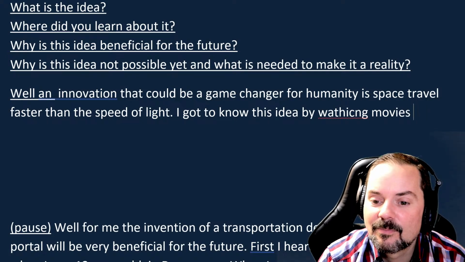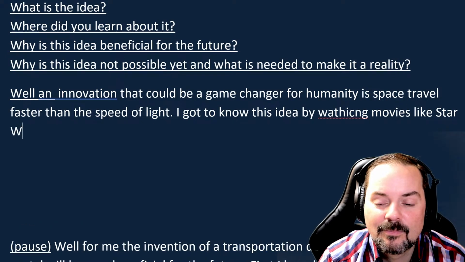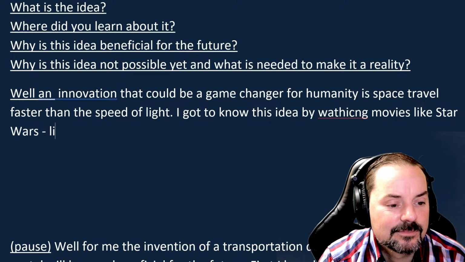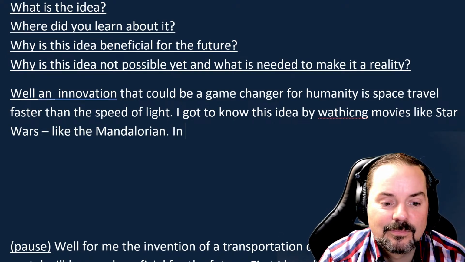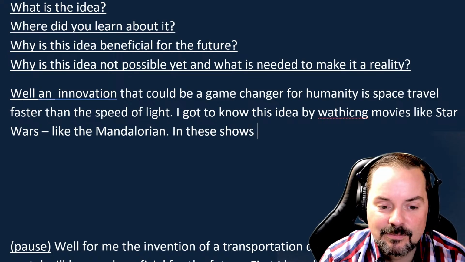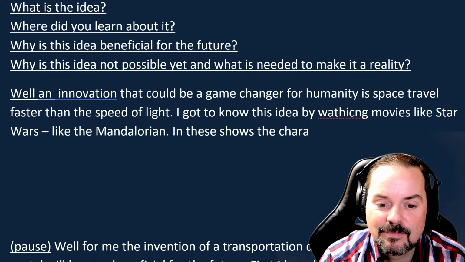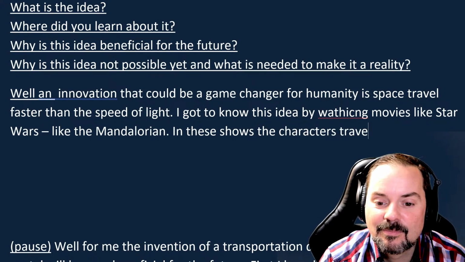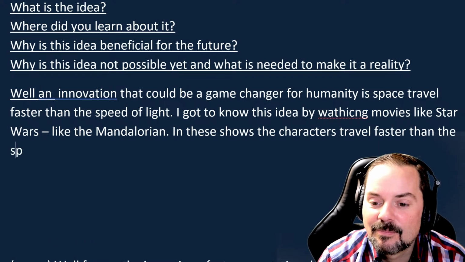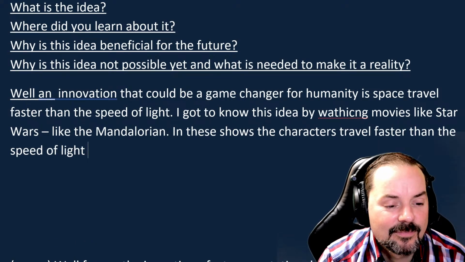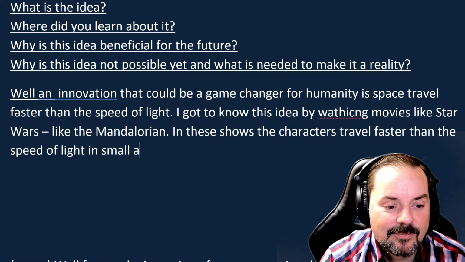On these shows, the characters travel faster than the speed of light in small spaceships, but also in really big spaceships. Before doing it, they make a calculation with a computer, with the map of the galaxy to be sure that they don't crash into anything.